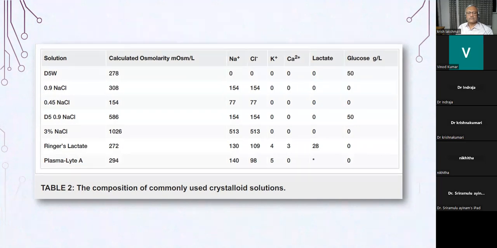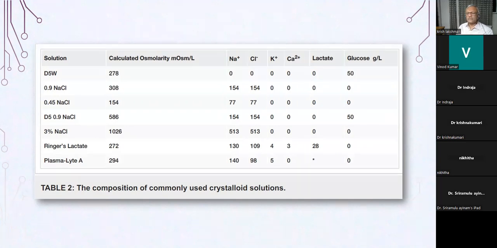These are the normal compositions of the fluids which we have mentioned before. Now the question is, what is the normal osmolarity of plasma? Only then can we classify these solutions as hypertonic or hypotonic.